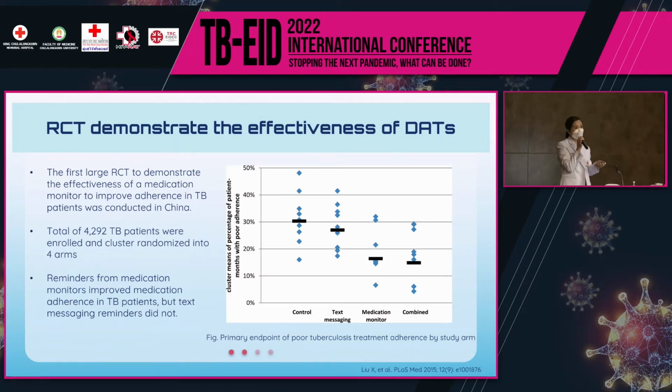Another arm got twice-daily SMS and a medication monitor. This monitor will remind the patient of the time they have to take the medication, and if the patient didn't open the box, it will remind them again.